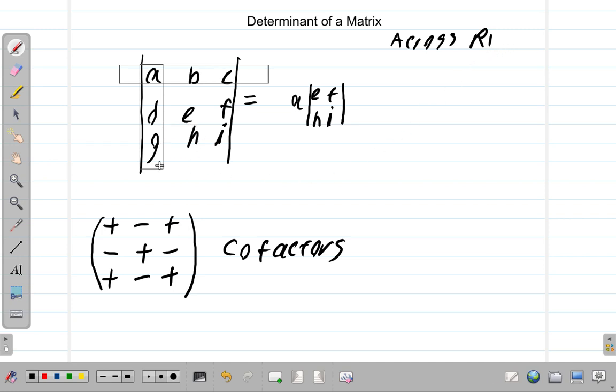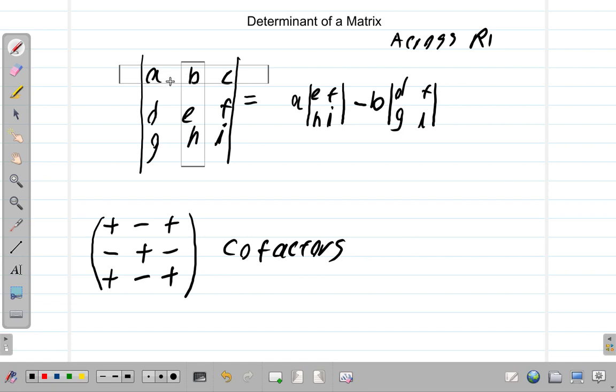Alright, so here now, let's cover up b. What we have now is a minus b multiplied by the determinant of the uncovered elements, d, f, g, i. Then next, you don't come down now, you keep going across.